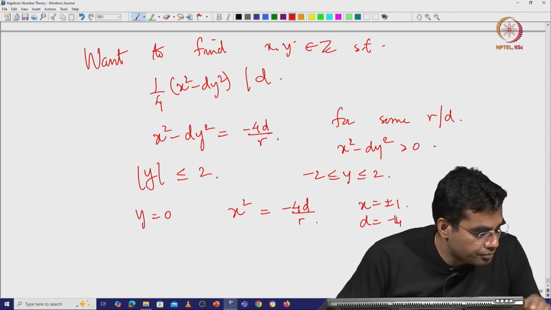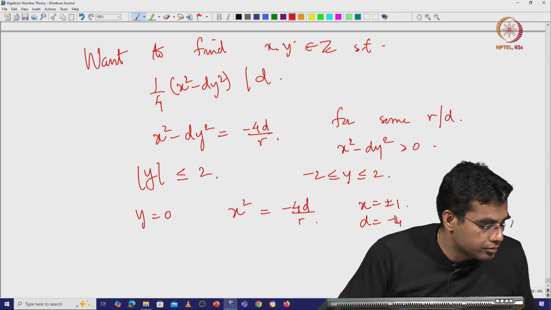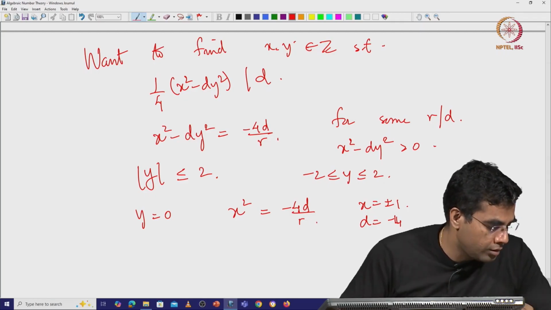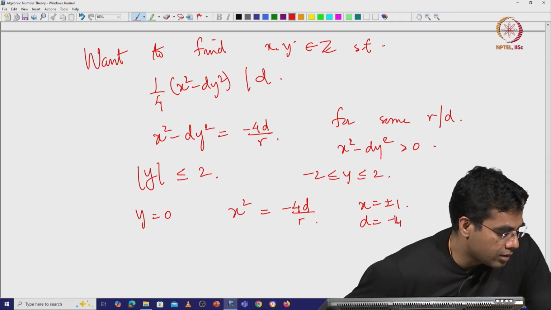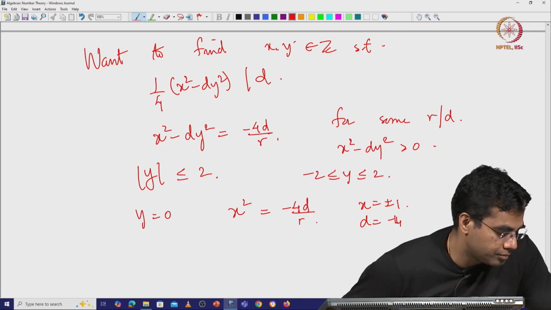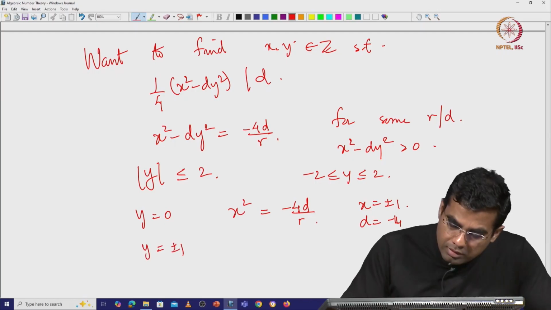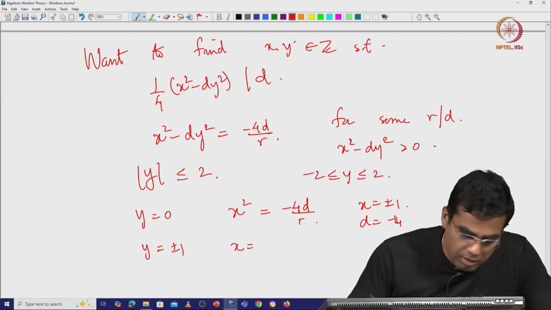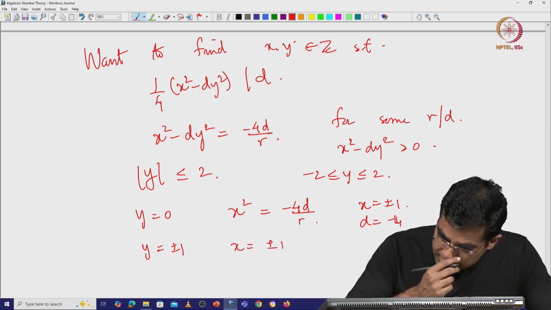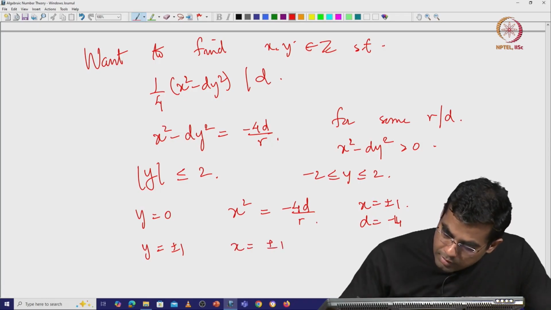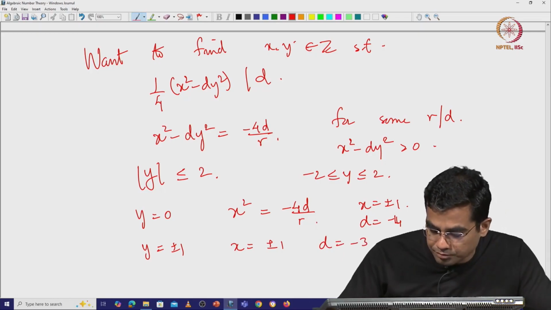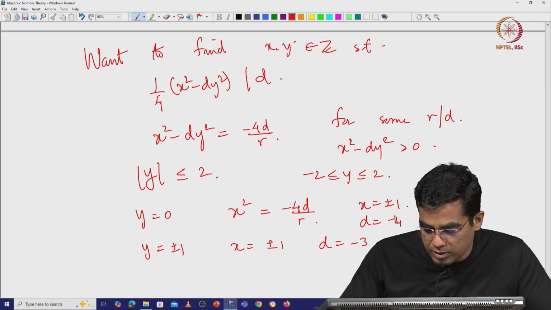or you could have y is plus or minus 1, then x has to be plus minus 1 as well, and d is equal to minus 3, right.